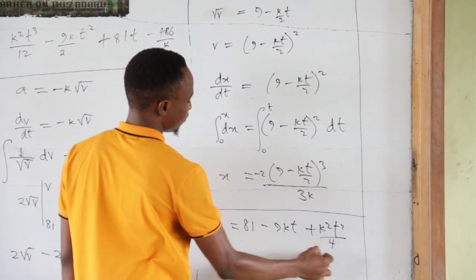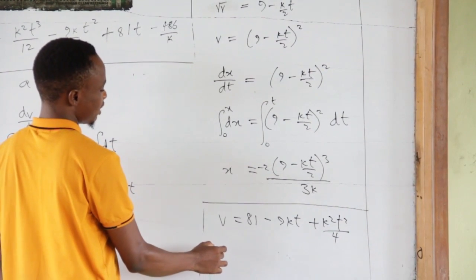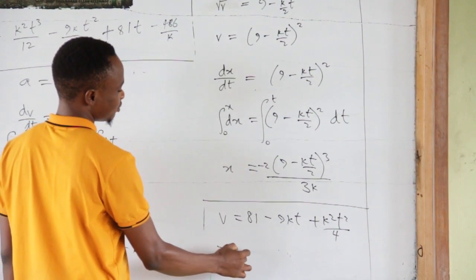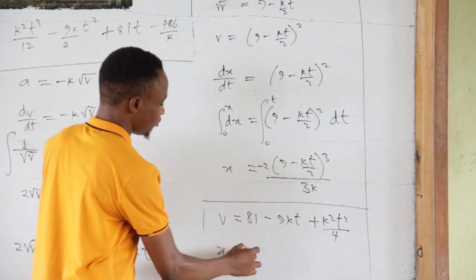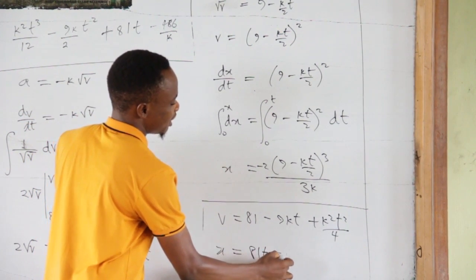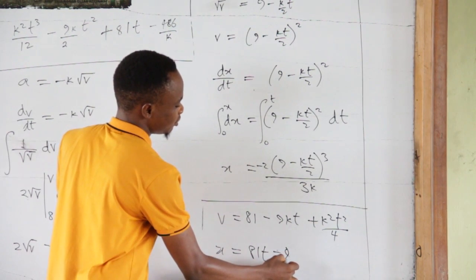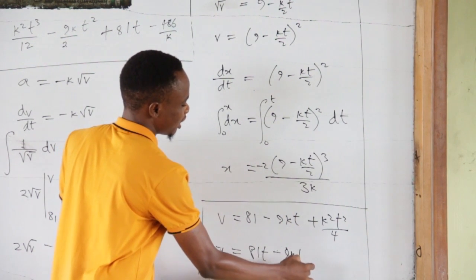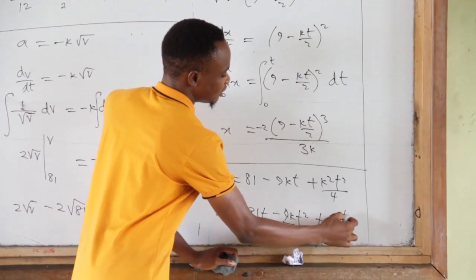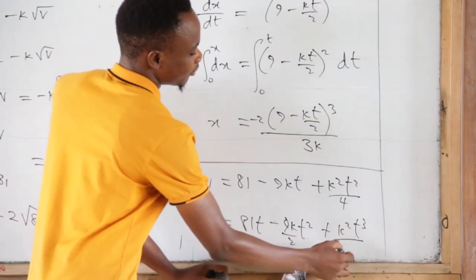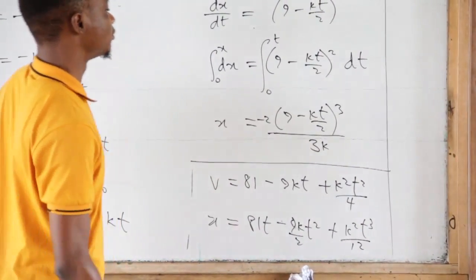Then integrating directly, it's going to give me 81t minus 9kt squared, plus k squared over 12. Yeah, that's it.